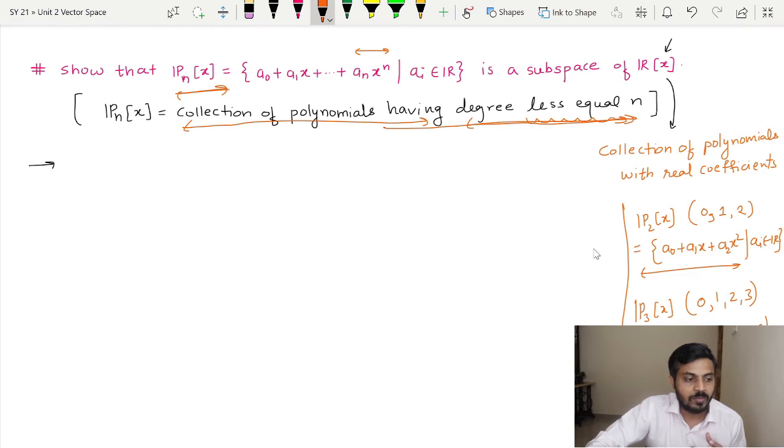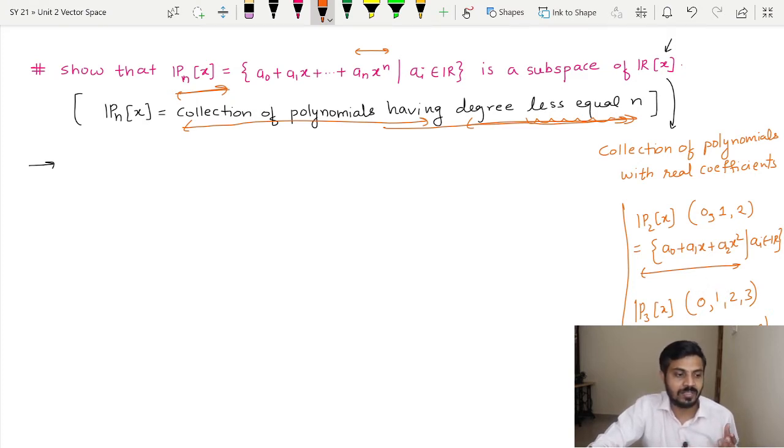Now similarly talking about P2 of x, polynomials such as x cube plus 2x plus 1 will not be there in P2 of x, because it will contain polynomials of degree at most 2. P3 of x will contain polynomials of degree at most 3. But one thing is sure, that P2 of x will be a subset of P3 of x, right?